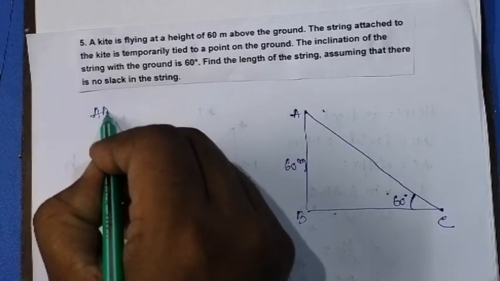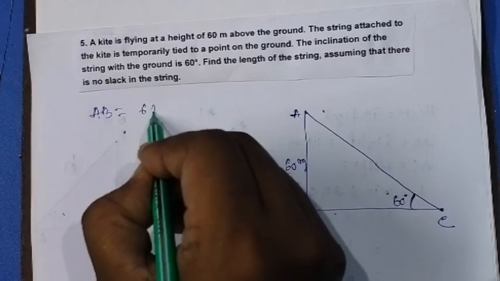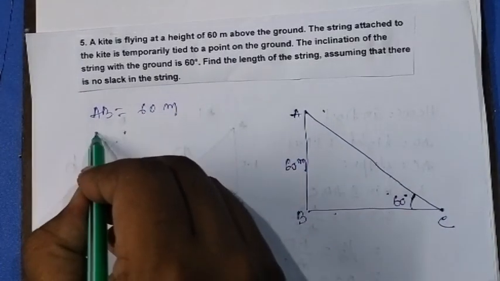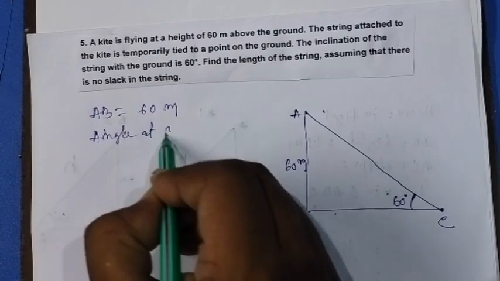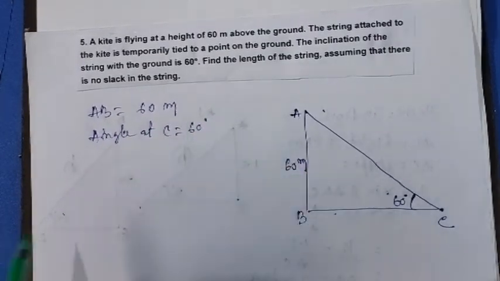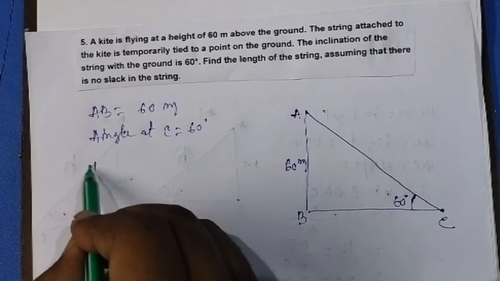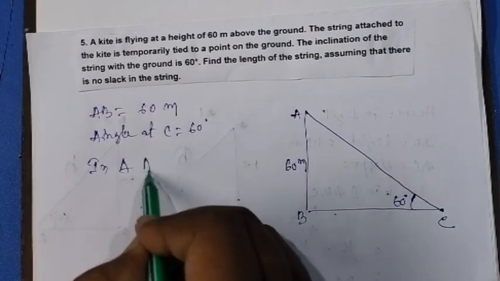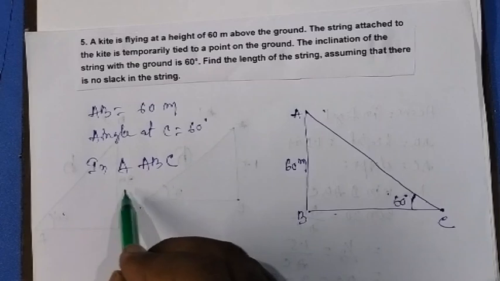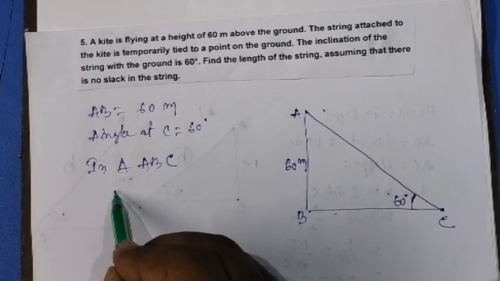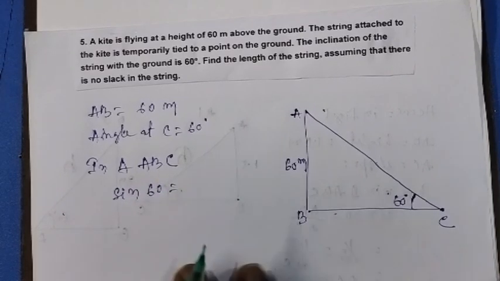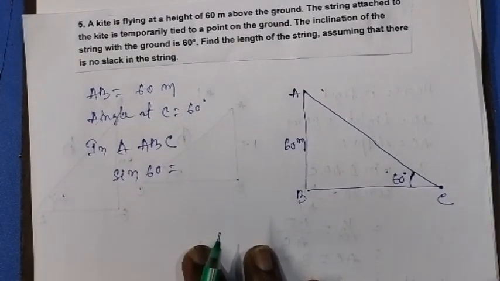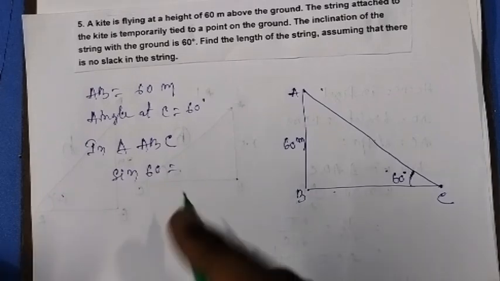So AB is equal to 60 meter, angle at C is 60 degree. So in triangle ABC, sine 60 is equal to, as we already discussed, why we have to find the sine 60 in this case.